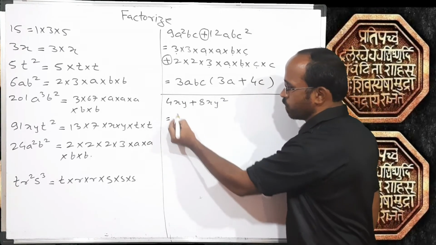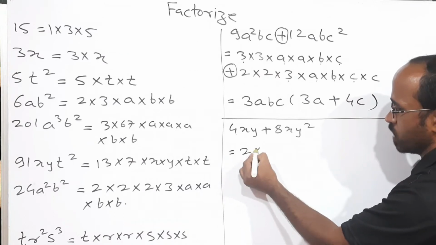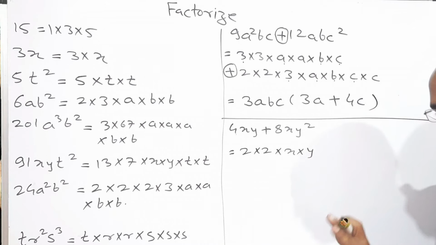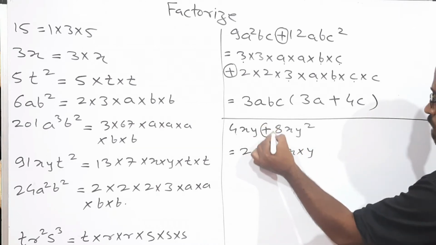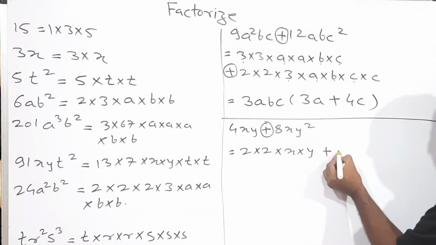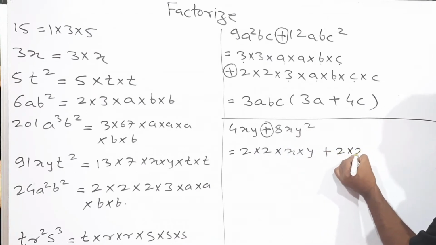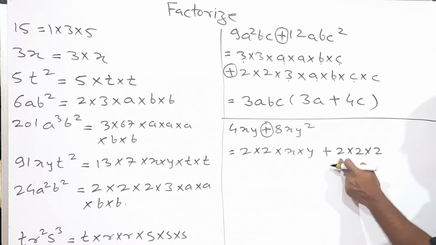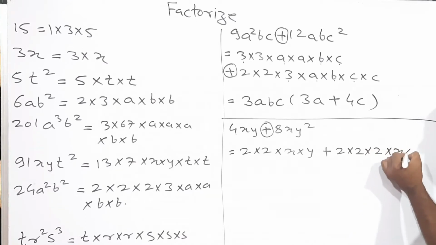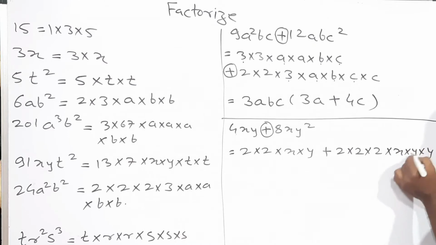So let's factorize 4xy. 4 is 2 multiplied by 2, multiplied by x multiplied by y. Clear? Write this plus or minus, whatever is there, as it is. Plus I have written. Let's factorize 8xy square. 8 is 2 multiplied by 4, which is 2 multiplied by 2, so 2 multiplied by 2 multiplied by 2 is 8, multiplied by x multiplied by y square, means y into y.